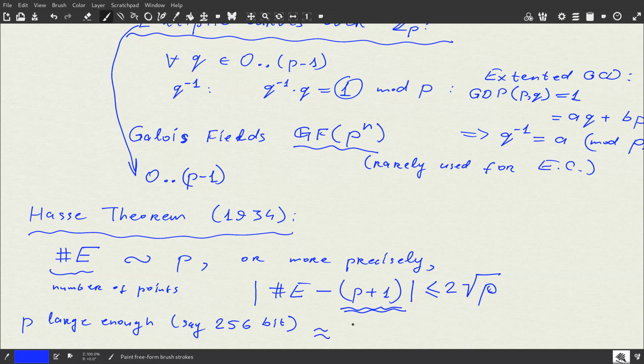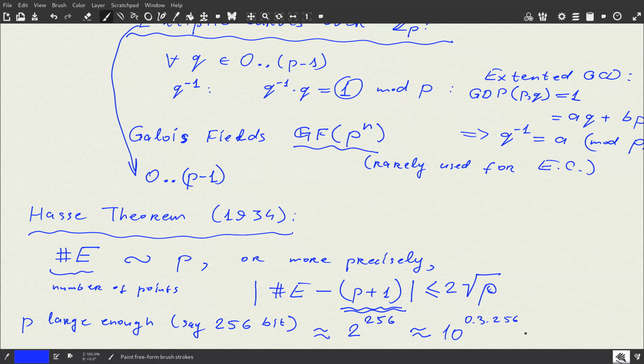So approximately of the order of 2 to the power 256. Okay? 2 to the power 256 is what? The decimal log of 2 is about 0.3. Therefore, it is about 10 to the power 0.3 times 256.